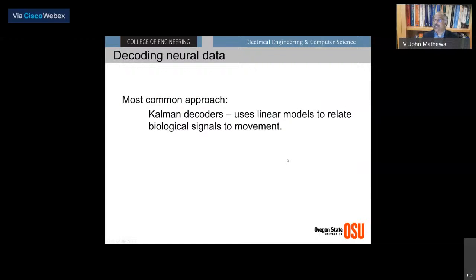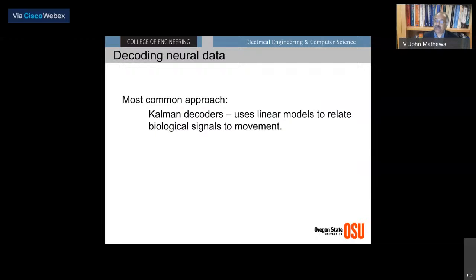So decoding neural data, the most common approach these days is to use a Kalman decoder with linear models that relate biological signals or features of biological signals to movement. We have been using, as I said earlier, primarily electromyograms, EMG signals, both surface and intramuscular EMG signals, for control of prosthesis for arm amputees.